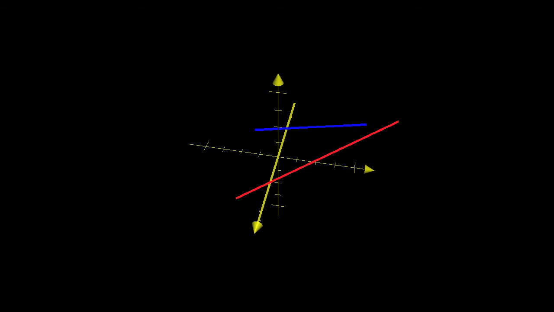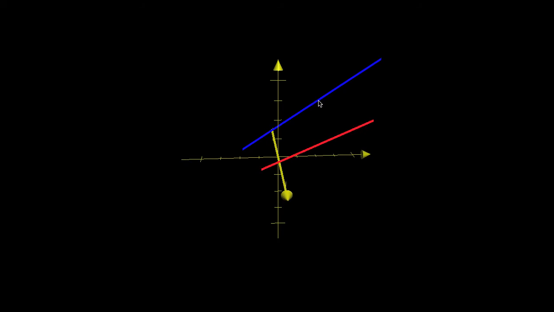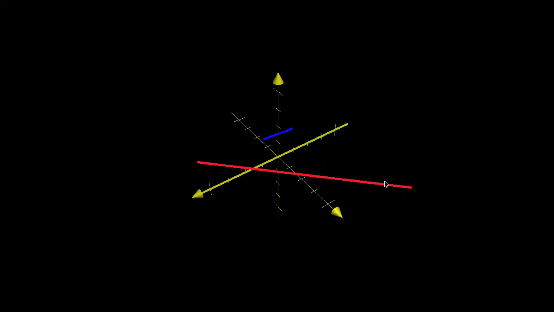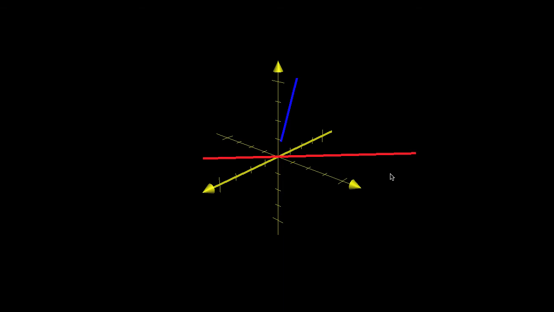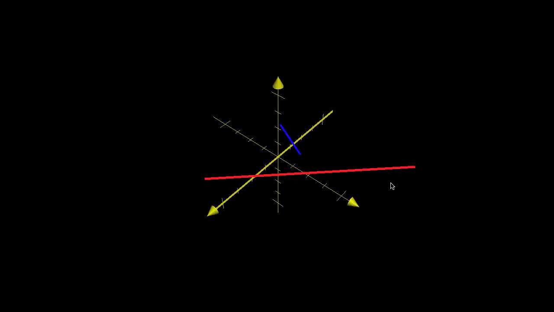Now if I do that, what I get is, and I want to take the cross product, and then after I take the cross product, I want to make sure that I have a vector which is only of unit length. So if I take the cross product of two vectors parallel to the red line and the blue line, and I don't get a vector which is a unit length, I want to make sure and convert that into a unit length vector.